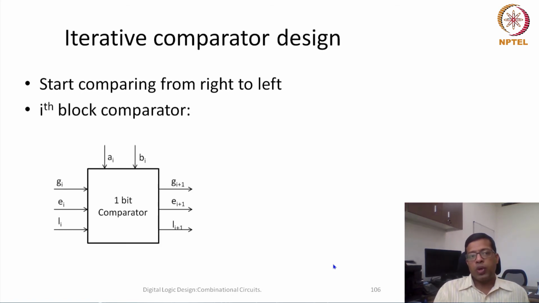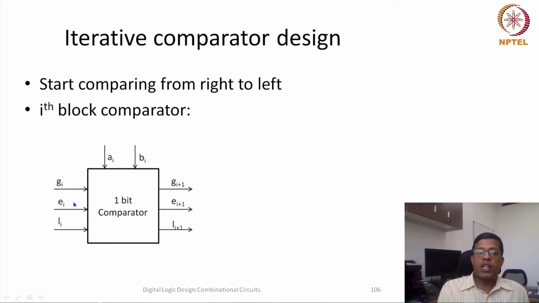So in the LSB to MSB direction, the ith block or basically the ith comparator design would be something like this: there would be some input. Basically it says that from the 0th bit to the ith bit, if I compare, then A is bigger than B if Gi is 1.